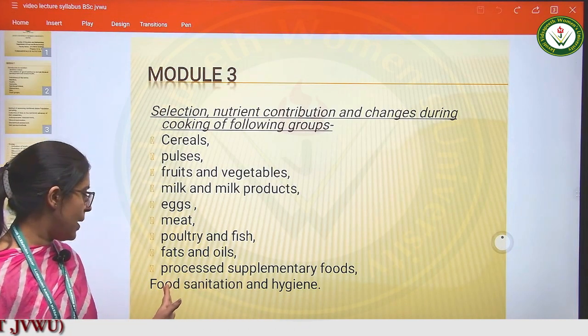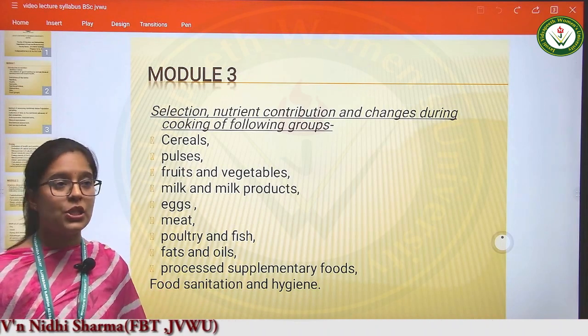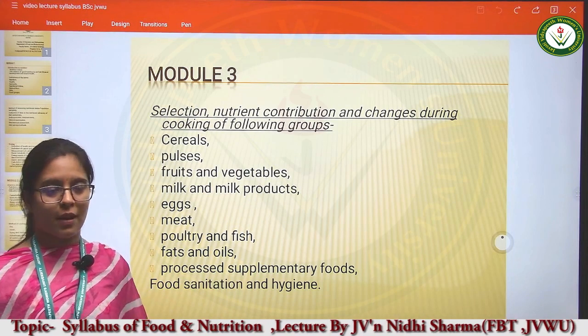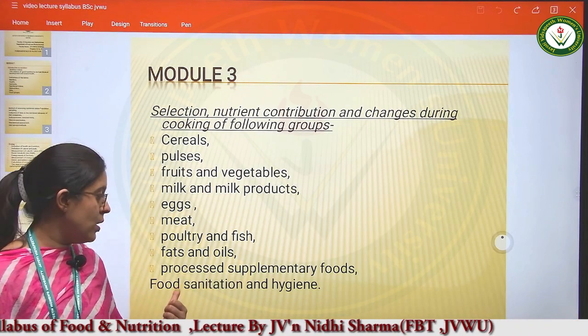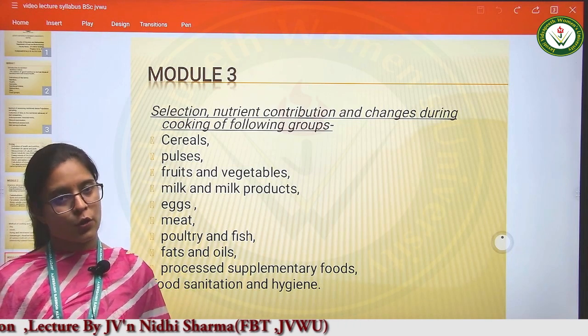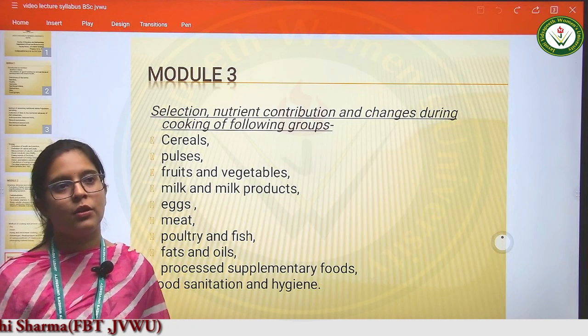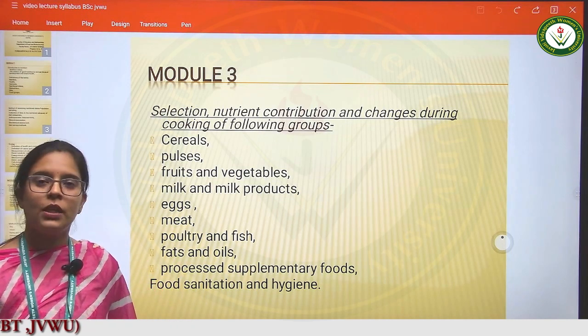Then the last topic, we will study about food sanitation and hygiene. This is a very vast topic in which hygiene and sanitation are to be considered. Suppose I have a cafe or I am running a hotel and I am in charge of the kitchen area.